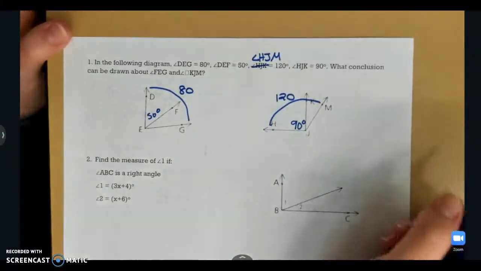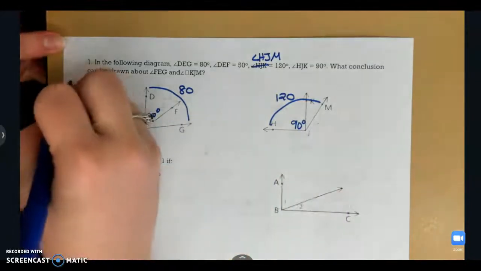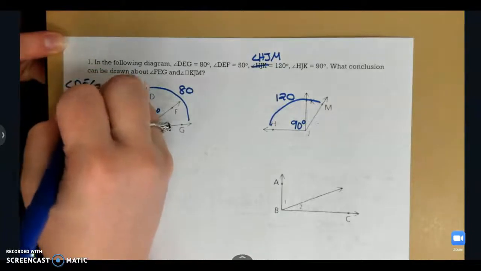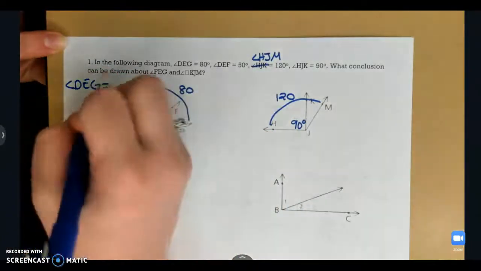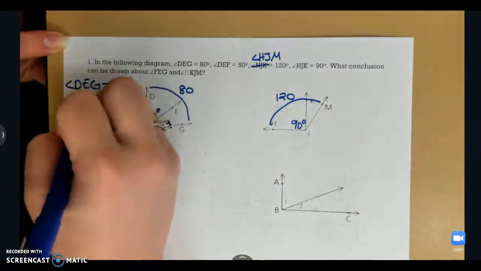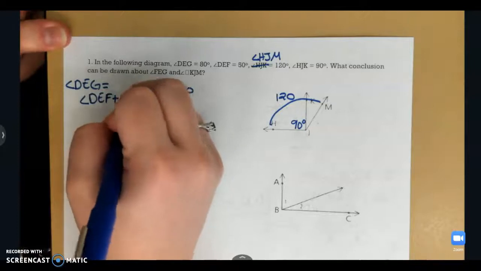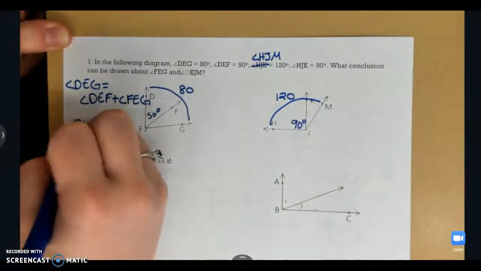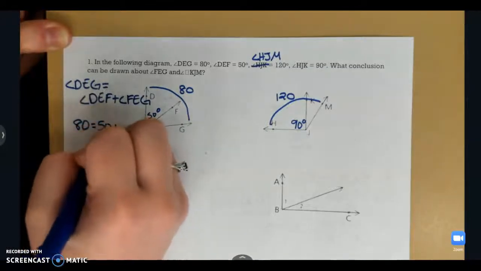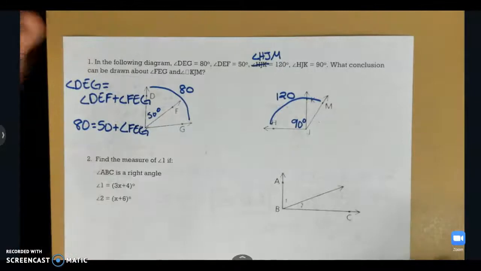Well, first of all, I know that DEG is the sum of angle DEF and FEG. So that's equal to angle DEF plus angle FEG, which means that 80 is equal to 50 plus whatever the angle of FEG is, whatever that measure is.